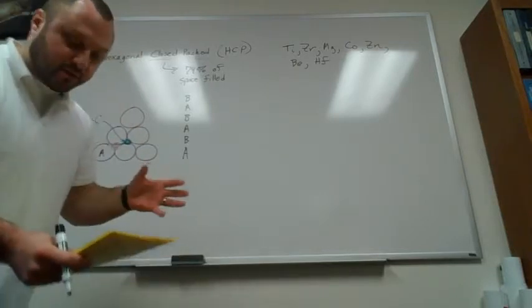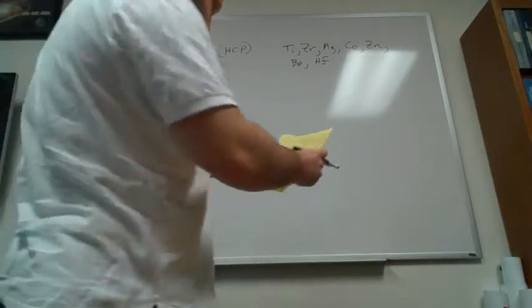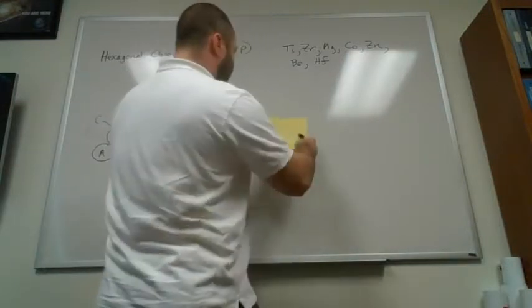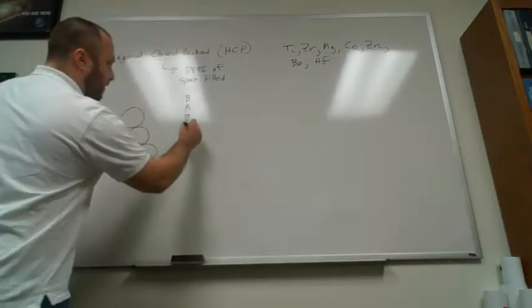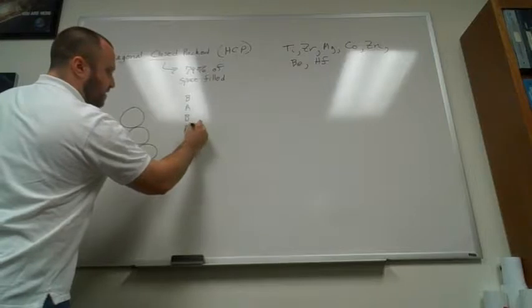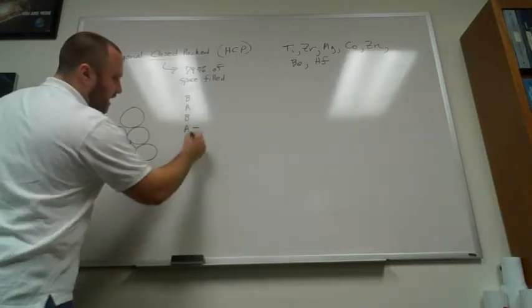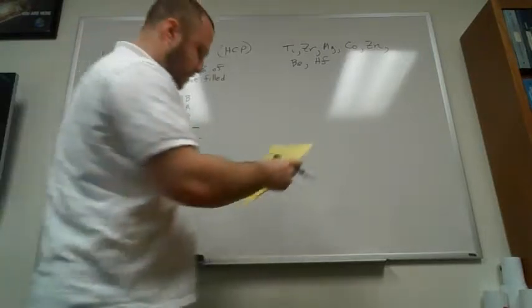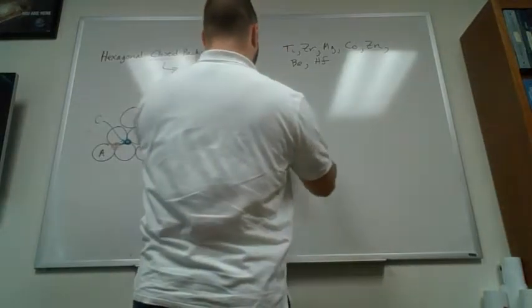Now because it's a hexagonal lattice, we're also going to have to draw it a little bit differently, and I'm going to draw this in 3D. The way I'll do this is I'm going to draw one of those top planes. So it would really be this second A plane, and then I'm going to draw the B and the A plane below it. Okay?